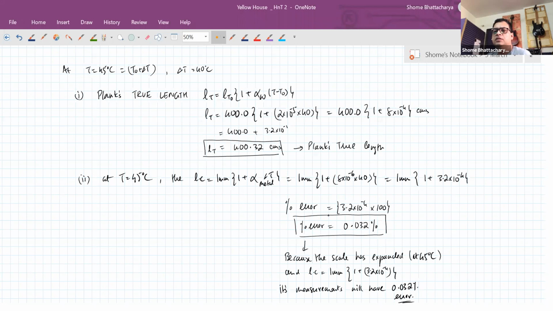That is 1 millimeter. So the question has asked us to find out how much the least count is going to give us an error because of the expansion. Because the smallest division, that is called the least count, is supposed to be 1 millimeter. But instead of 1 millimeter, now it's slightly greater than 1 millimeter. So that is why it is going to give us an error. No?